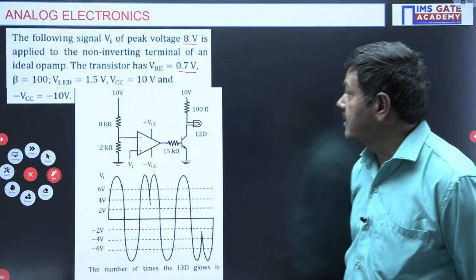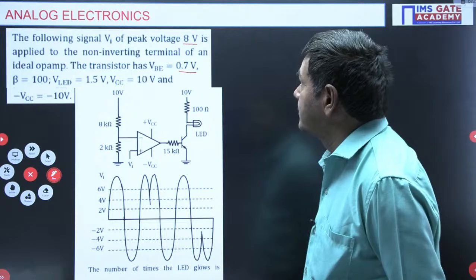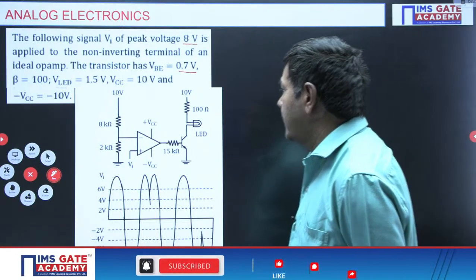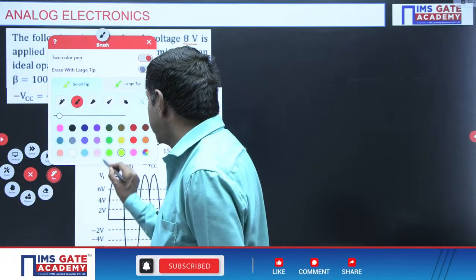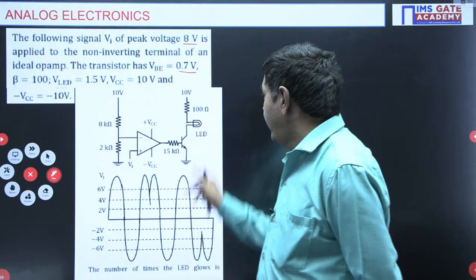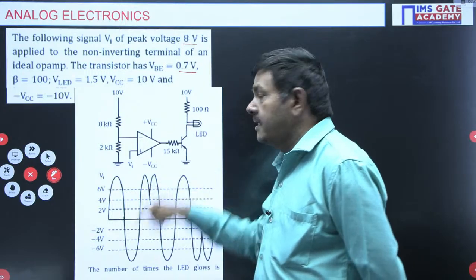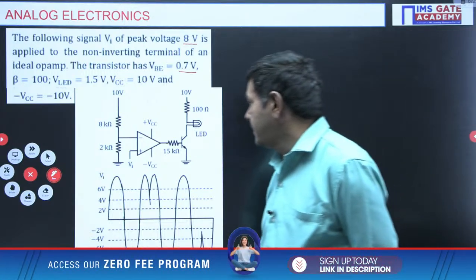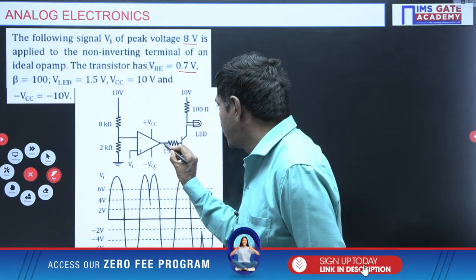How can we do this question? It's a very good question. But in the problem, you have to understand one more point clearly: when the transistor is on, based on the base voltage.